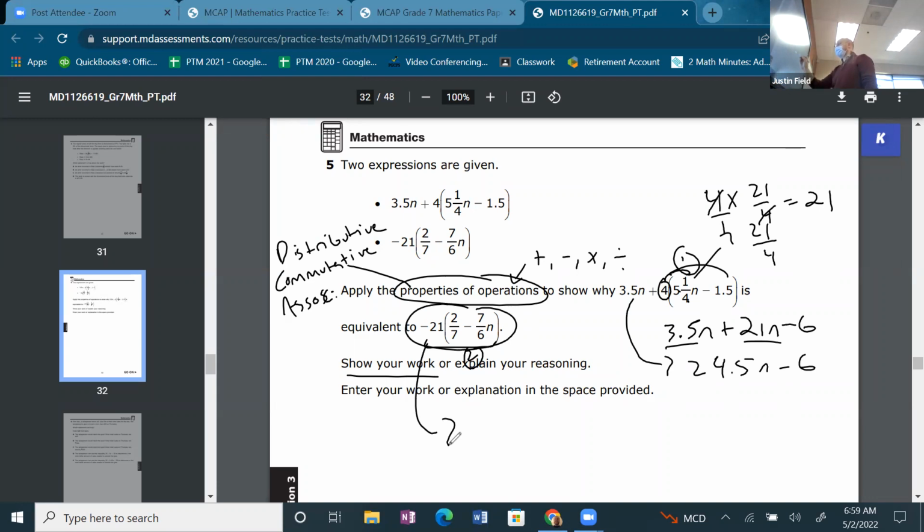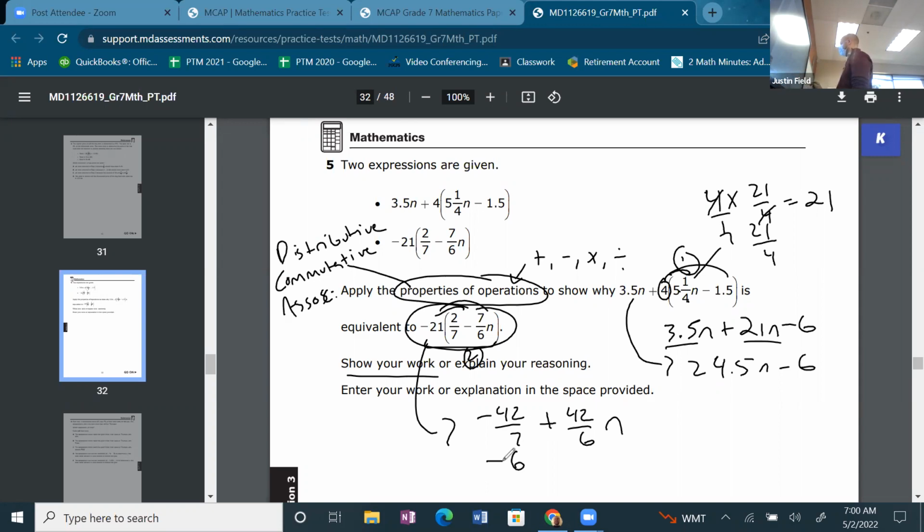So we're going to multiply, and we're going to distribute again. So negative 42 over 7, and then 21 times 7. Okay, 42 over 7 is 6.